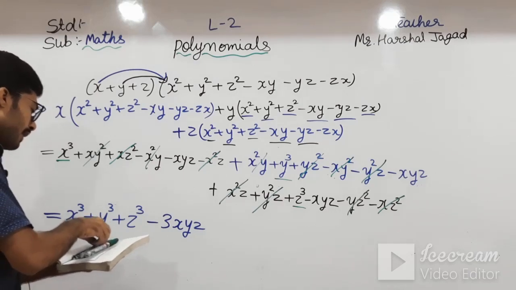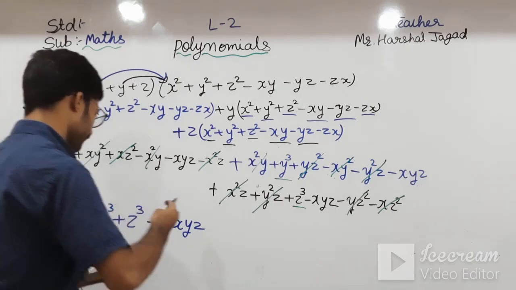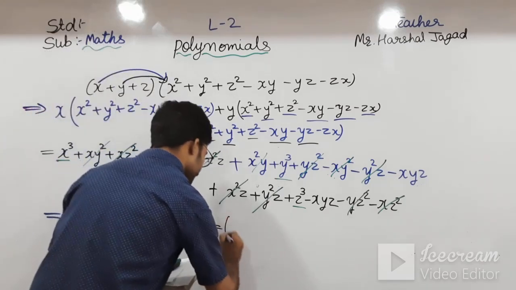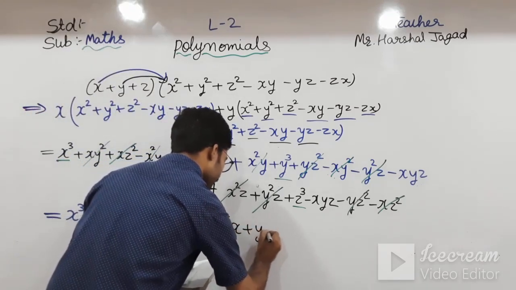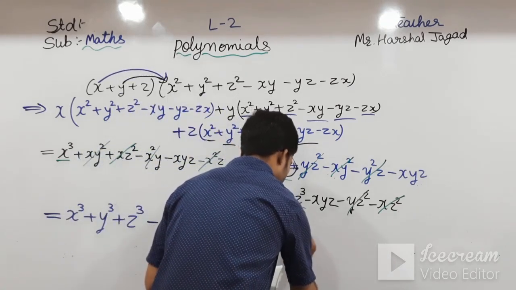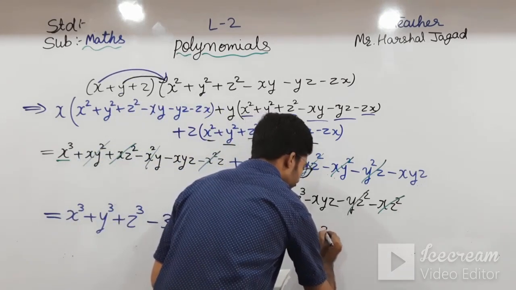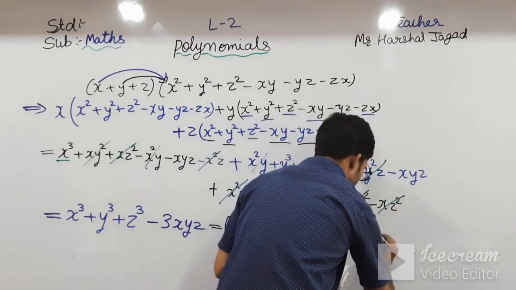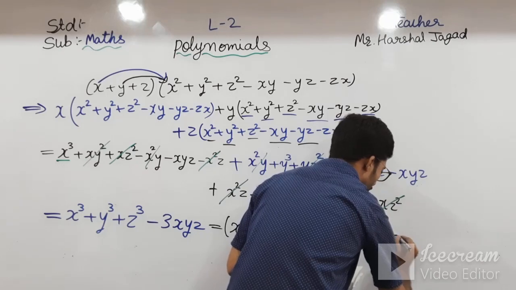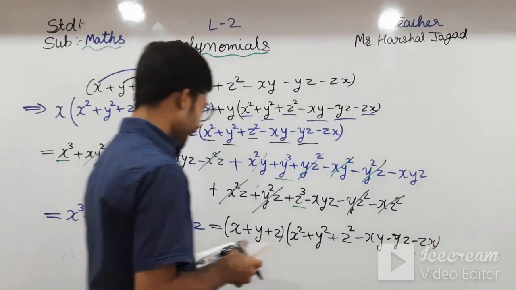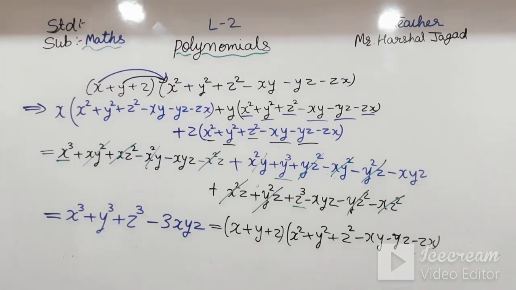This is equal to, we can expand this as (x plus y plus z) into the bracket (x square plus y square plus z square minus xy minus yz minus zx). We can expand this as identity number 8.